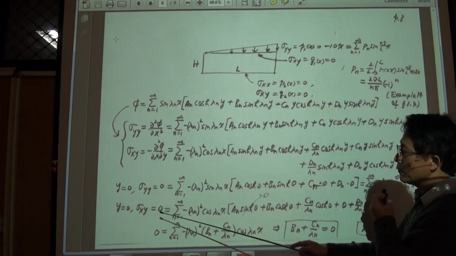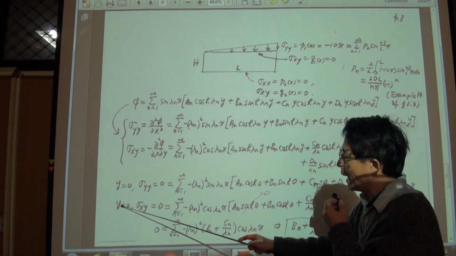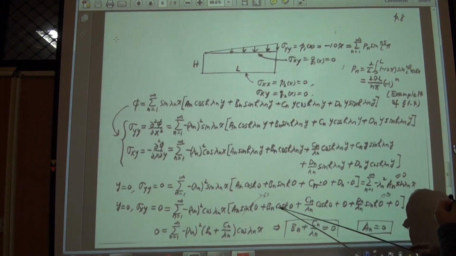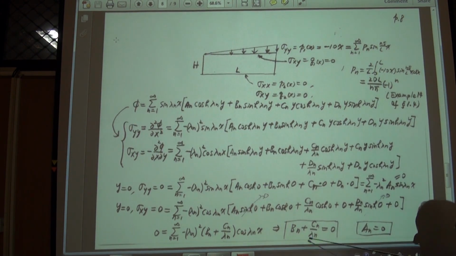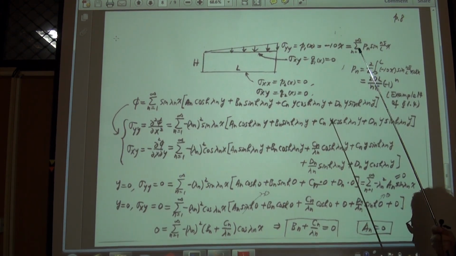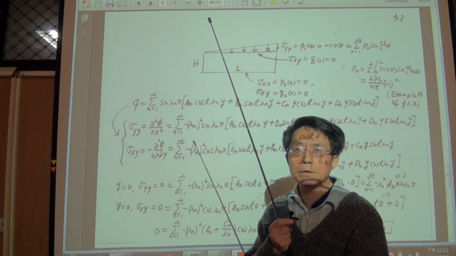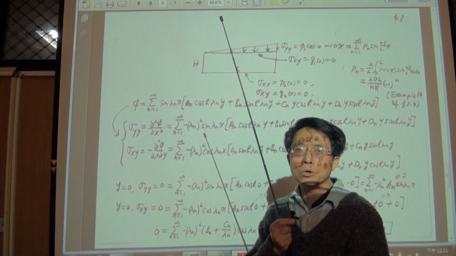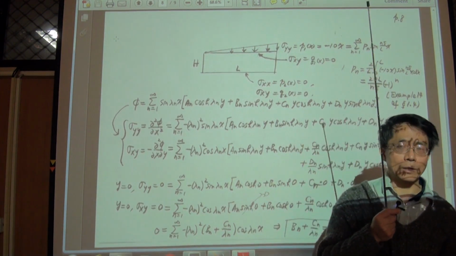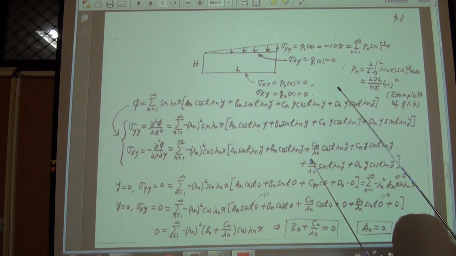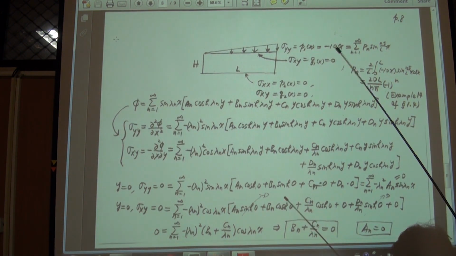In the same way, at y equals 0, we have the shear stress equals 0. We get a similar calculation to get this equality. But this equality has been obtained before in the previous examples. So please check it by yourself. I don't want to repeat the details here. Okay, we had already used this condition before.